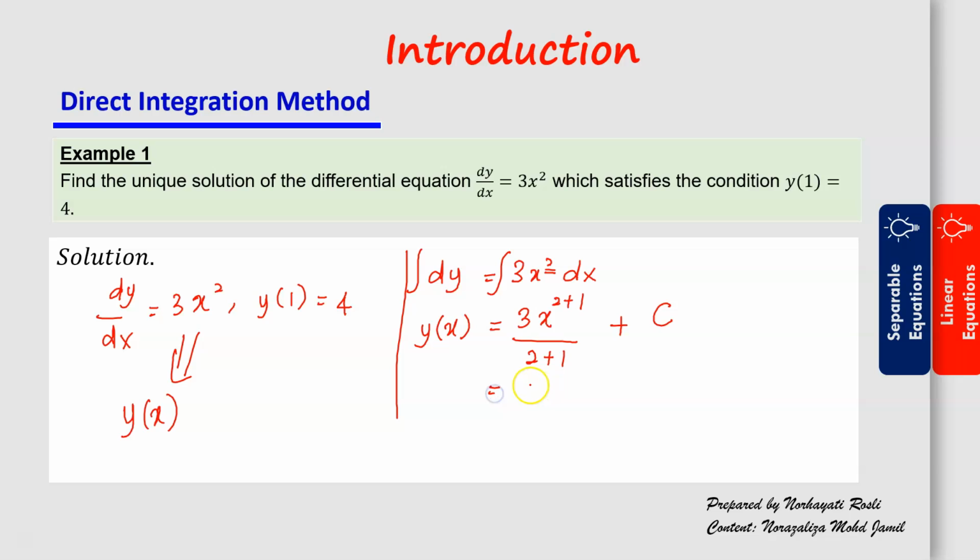So we get 3x cubed divided by 3 plus c, which simplifies to x to the power of 3 plus c.